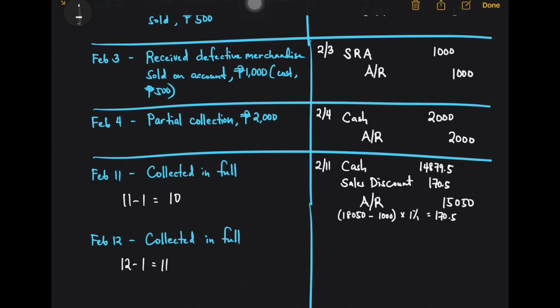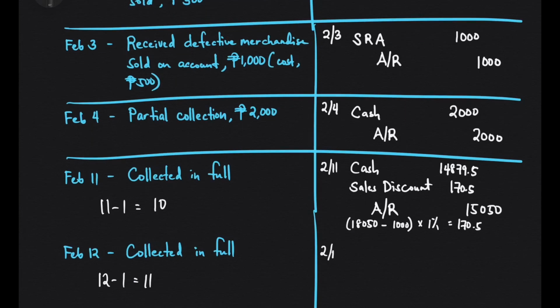So no cash discount. On February 12, debit cash and credit AR. How much is your AR again? 15,050. Since no discount was availed, the seller would be collecting everything, 15,050. And that's for the journalizing under the periodic inventory system.